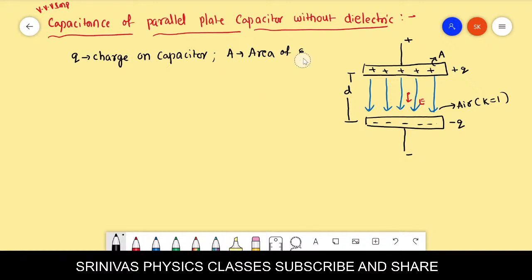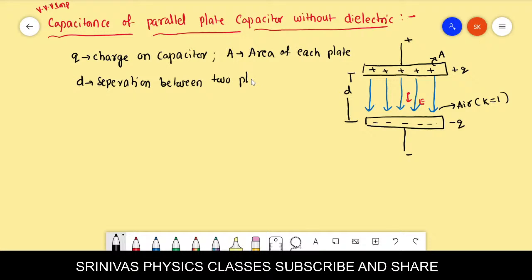A is the area of each plate of the capacitor, and d is the separation between the two plates.